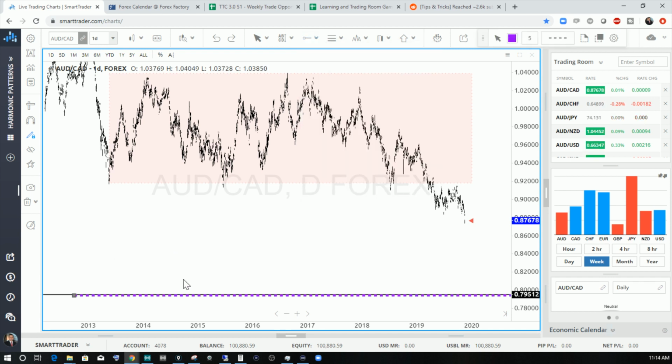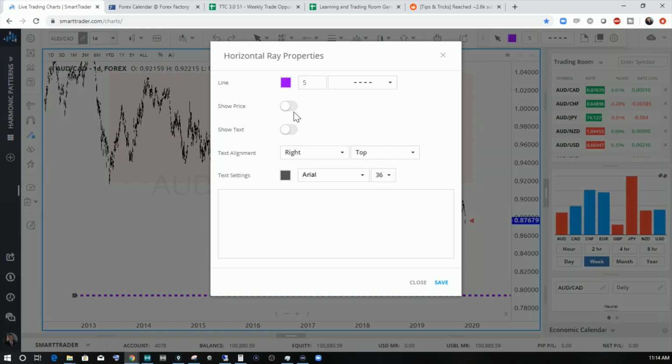There we go, that's better. And I'm going to kill that. All right, so I'm going to call this range breakout right here. Target. Sorry, my bad. Range breakout target right here.